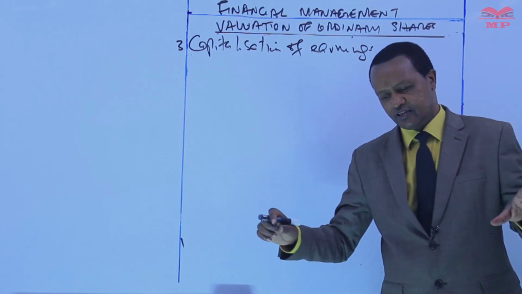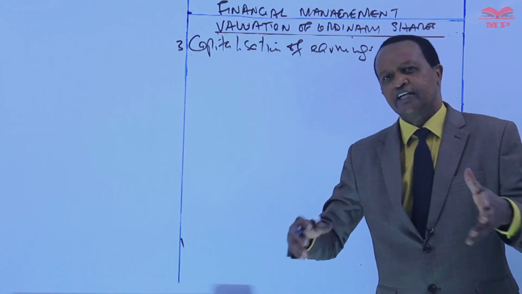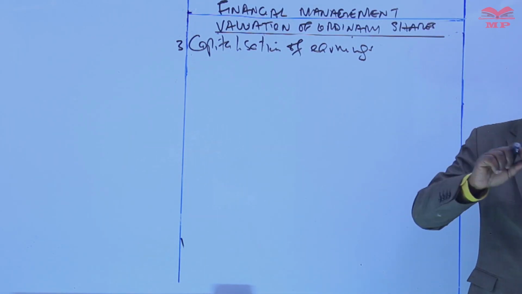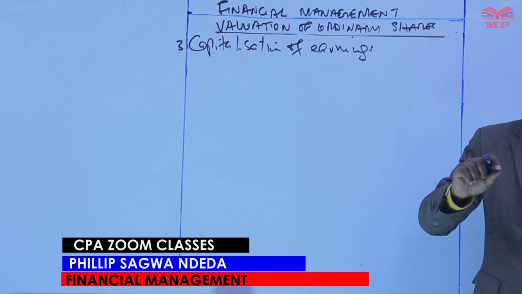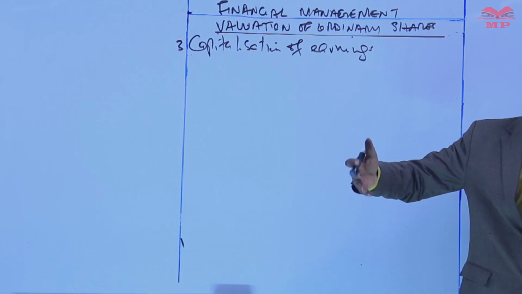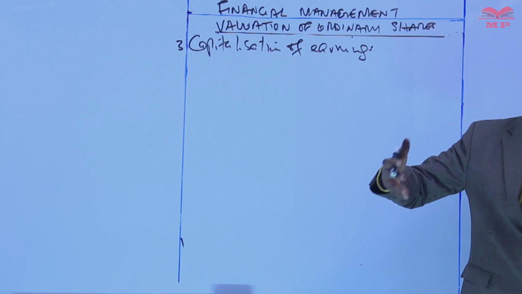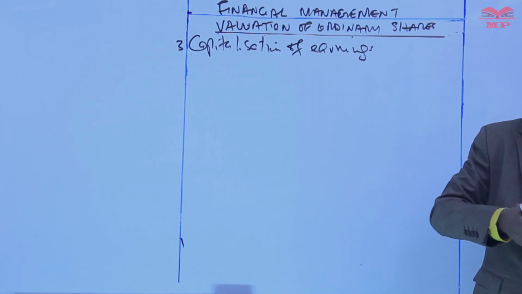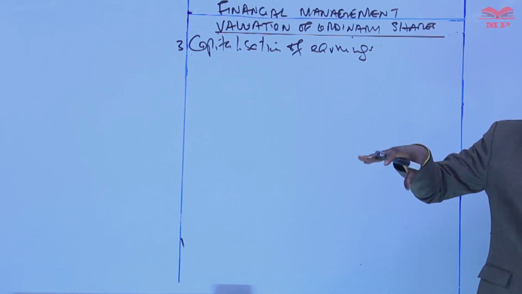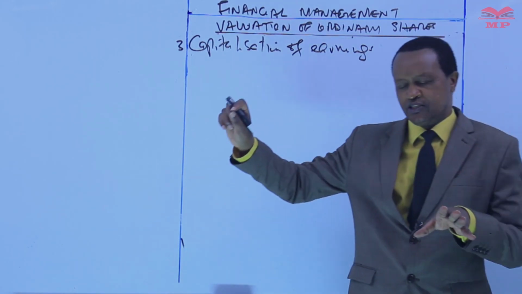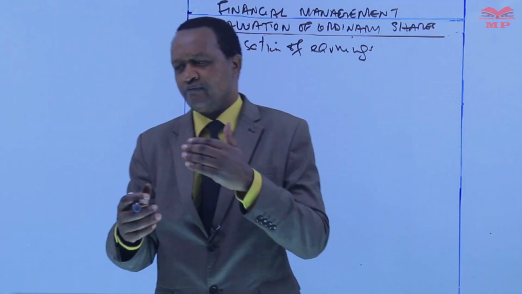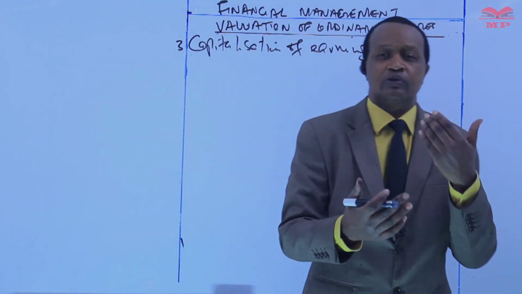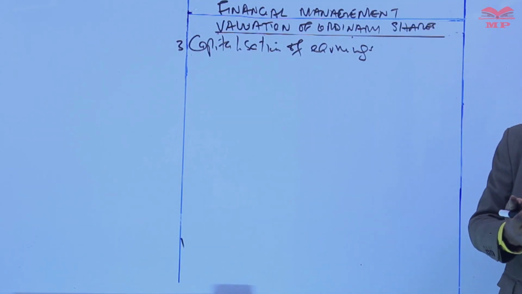This is a variation of the earnings basis, in which the actual profit, or average profits, or even future maintainable profits that are meant for equity shareholders are capitalized on the basis of a given rate of return or capitalization rate.